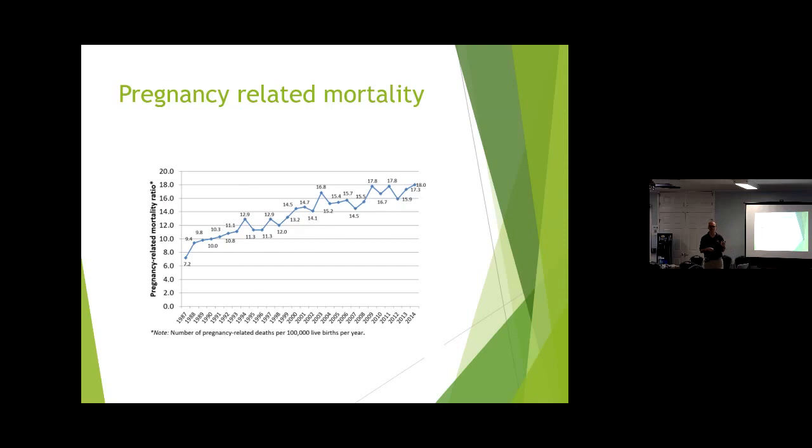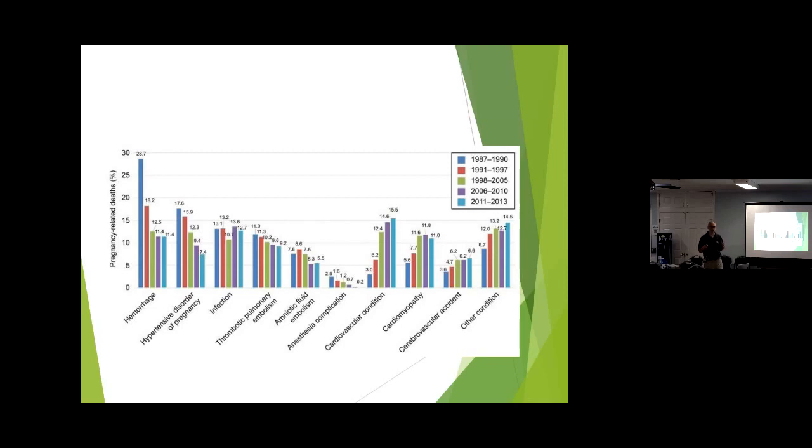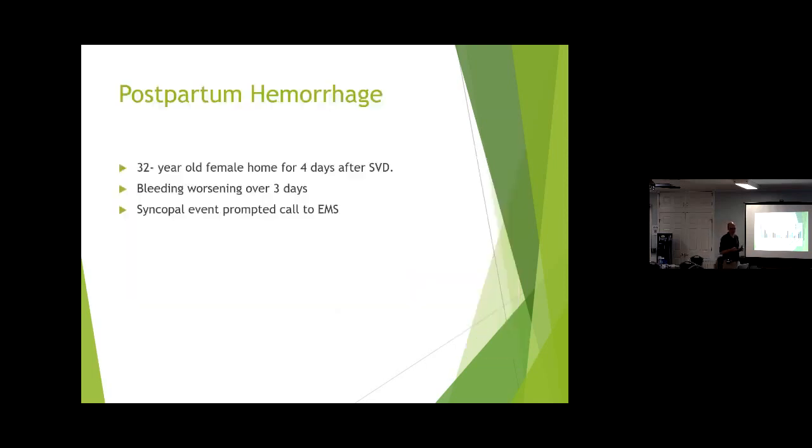We're actually going in the wrong direction with pregnancy-related death. We can even break it down more. We can look at what the causes are: are we looking at hemorrhage, infection, hypertensive disorders, and break it up over 3, 5, 10-year periods. The blue there is the most recent time frame I have. We're doing worse, right? We're not doing great.